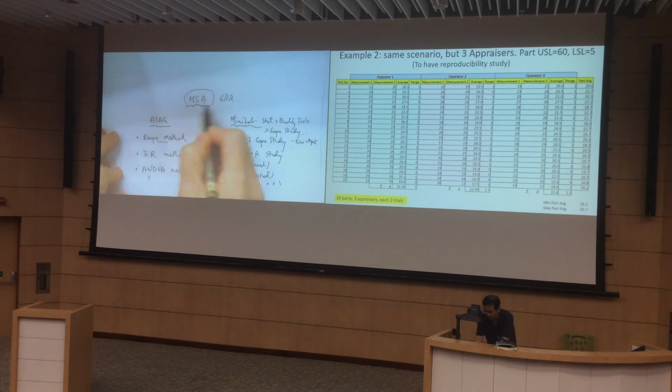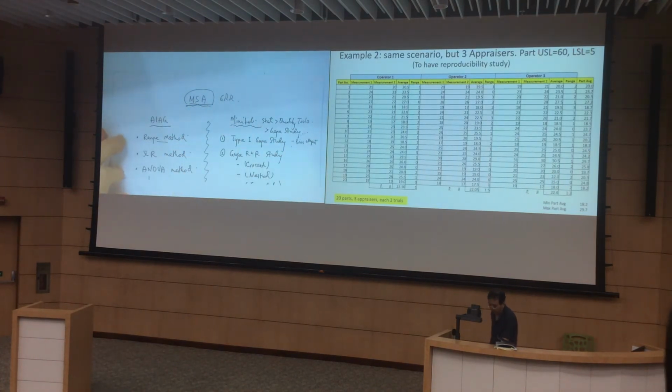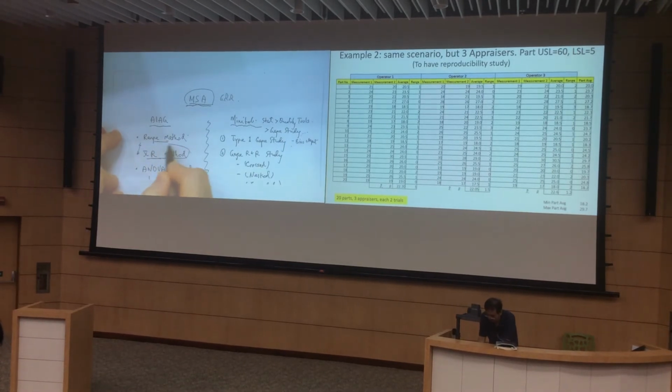The whole thing is they include more things, right? Range method, X bar R method. The range method is just like what we said earlier, and the X bar R method as well, depending on how many measurements you have. So this is more elaborate.